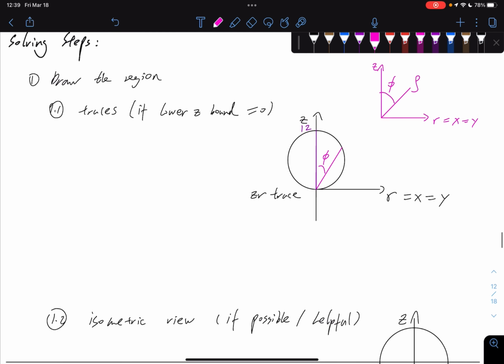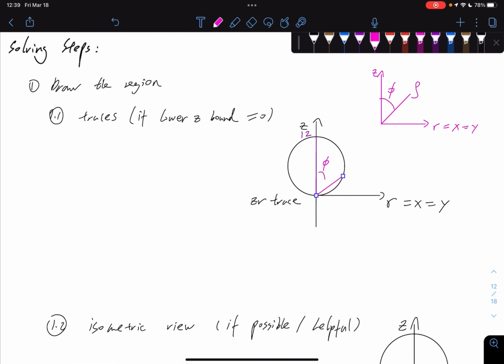Now, I can no longer go down, right? This radial line can never go down below the x and the r line, because the sphere essentially doesn't exist below the r axis.